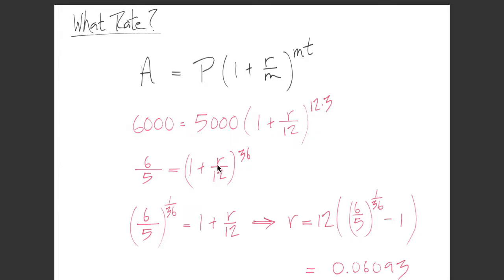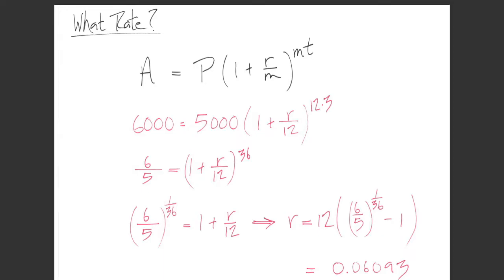I'm trying to solve for r. So if I raise both sides to the 1 over 36 power, I'll get closer to that goal, right? Raise the left-hand side to the 1 over 36 power, you get 6/5 to the 1 over 36. Raise the right-hand side to the 1 over 36 power, and use a property of exponents, and you wind up just getting 1 plus r over 12.